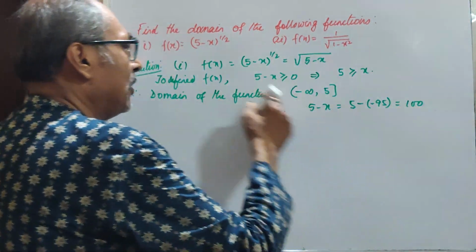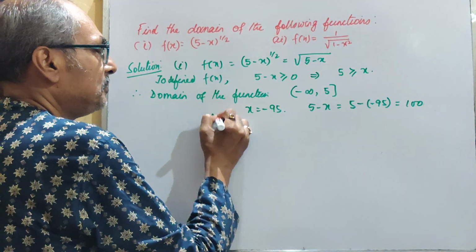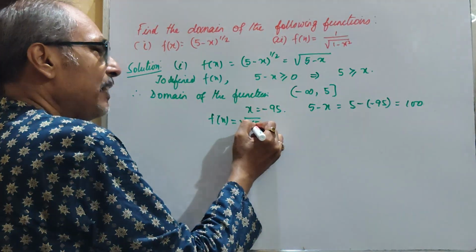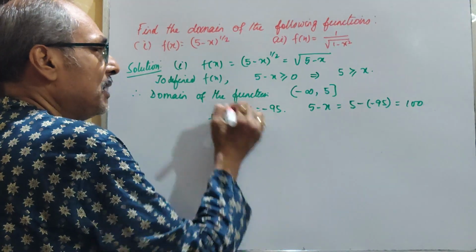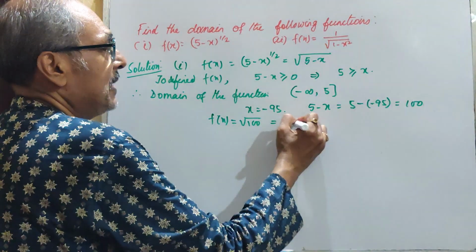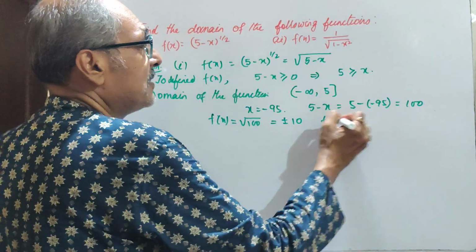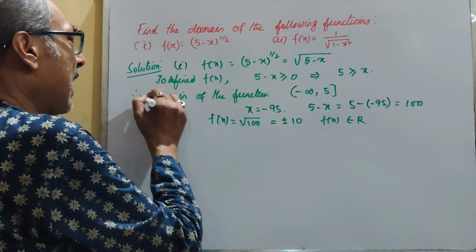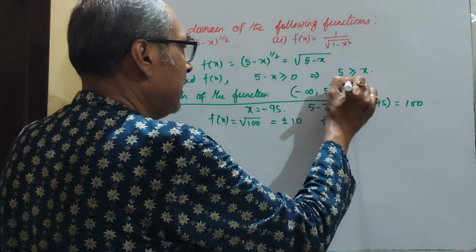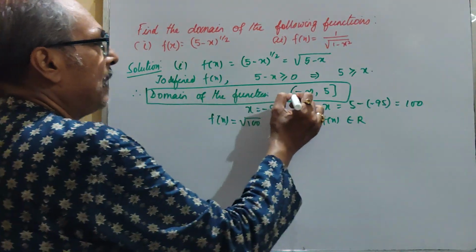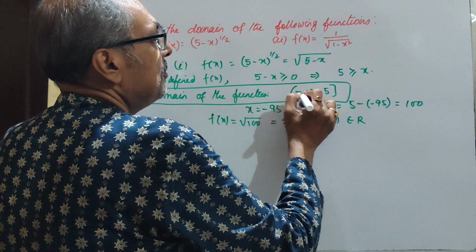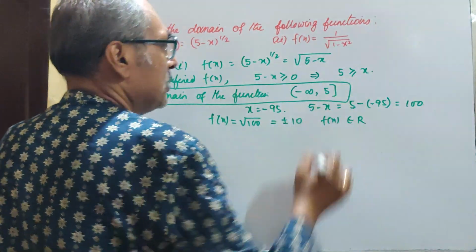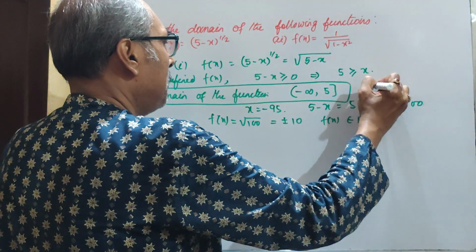If you take the square root, then f of x is under root 100, which is defined. That means we get a real number, plus or minus 10. That is, f of x belongs to the real numbers R. Therefore, the answer to this question is only this part. That is, the domain of the function is the interval from minus infinity to 5, closed at 5. This is the answer of part 1.